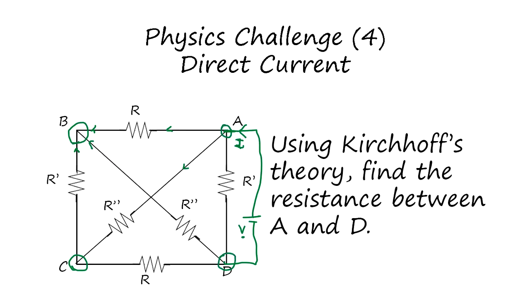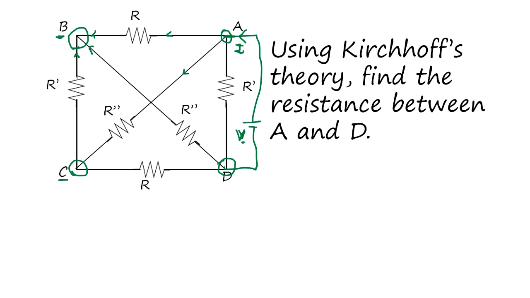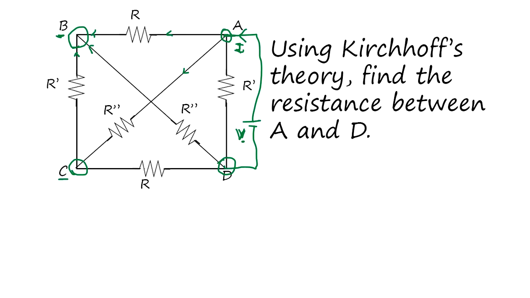So since we know this is V, we have really fewer variables. Say this is B and this is C, the voltage. Okay, we can figure out using only 2 simultaneous equations instead of having 7 simultaneous equations. So I'll show you how.